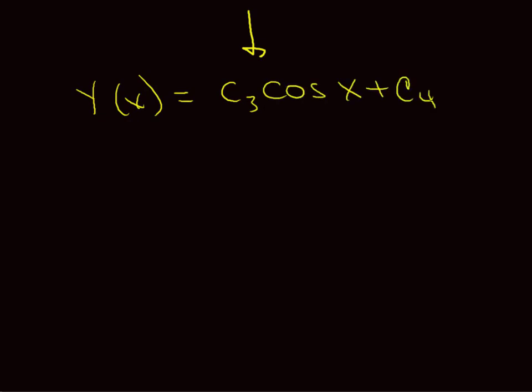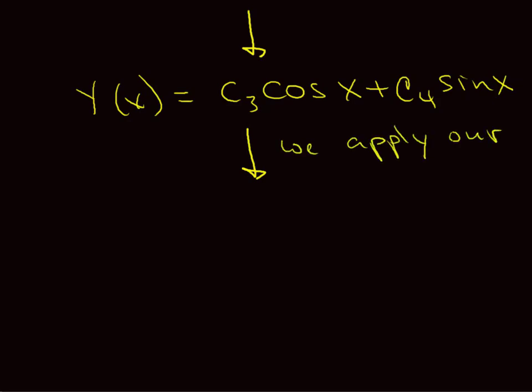And this can be further simplified. We simplify it by saying c1 plus c2 is just equal to c3, and our constant for our imaginary number, c1 minus c2, is now c4, and this yields our function y of x is equal to c sub 3 cosine of x plus c sub 4 sine of x.